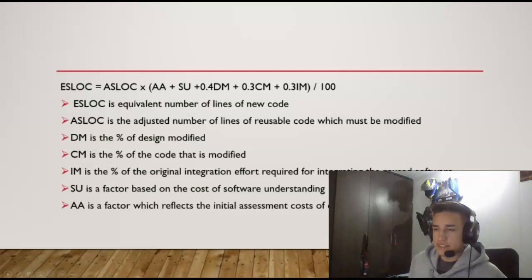DM is the percent of the design modified. CM is the percent of the code that is modified. IM is the percent of the original integration effort required for integrating the reused software. SU is a factor based on the cost of software understanding. AA is a factor which reflects the initial assessment cost of deciding if software might be reused.